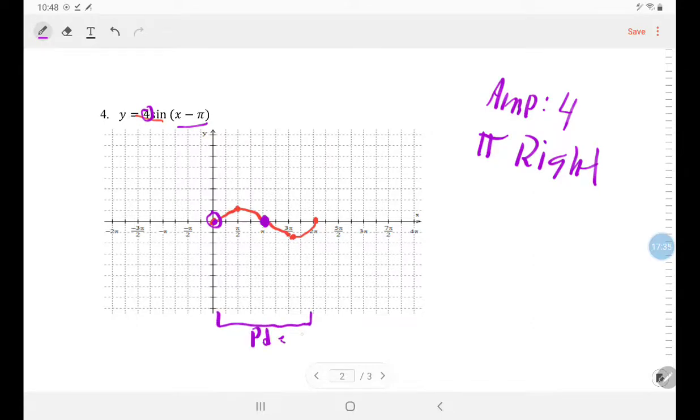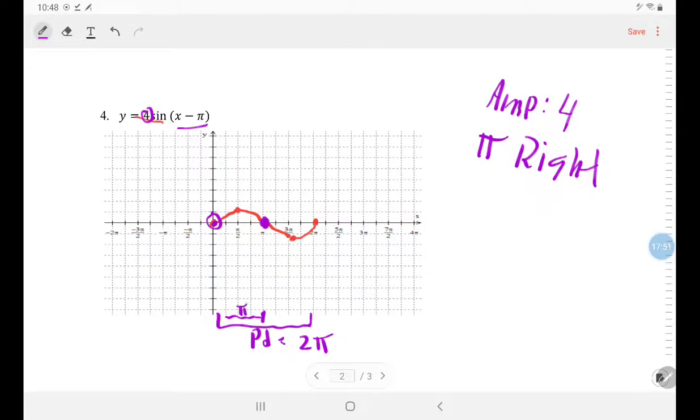Well, in previous videos, we talked about the period being 2 pi. And remember that 4 little grids on this particular graph makes pi. So what'll make 2 pi? Well, 8 little grids.